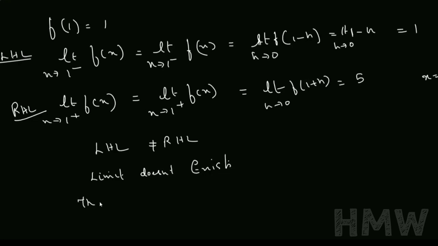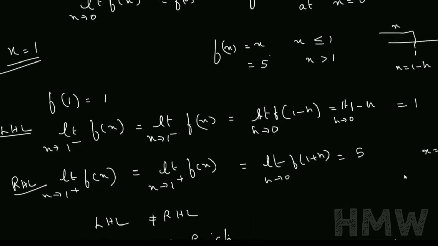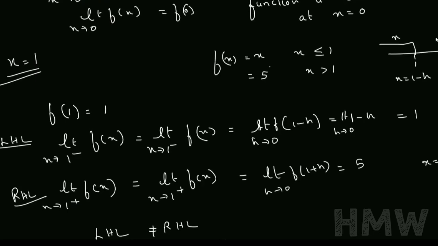Therefore, the function is discontinuous at x is equal to 1. Because see, once again, less than 1 it is identity function. So 1 minus h is 1 minus h itself. So it is 1. Now right of 1, it is a constant. It is independent of h or x, it is just a constant. You can see there is no x here, it is constant.